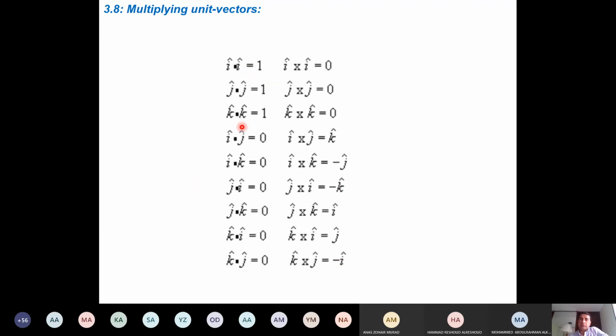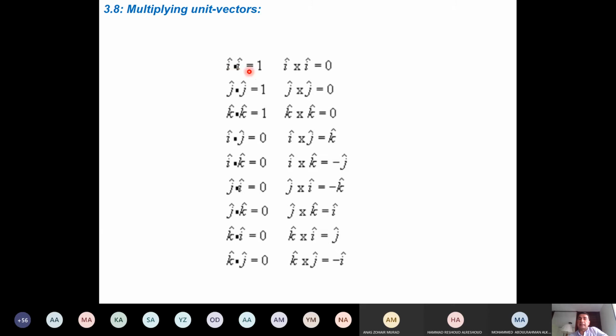For the dot product, which we did as the scalar product in the previous slide, since you know that A dot B is equal to AB cosine theta, there is the cosine of theta involved. Whenever you multiply the same vector with itself, the angle between them is 0, and cosine 0 is 1.